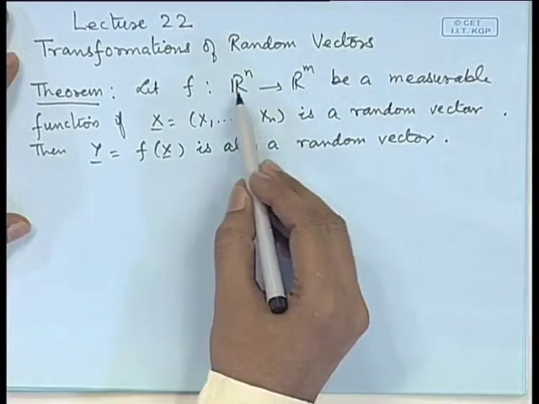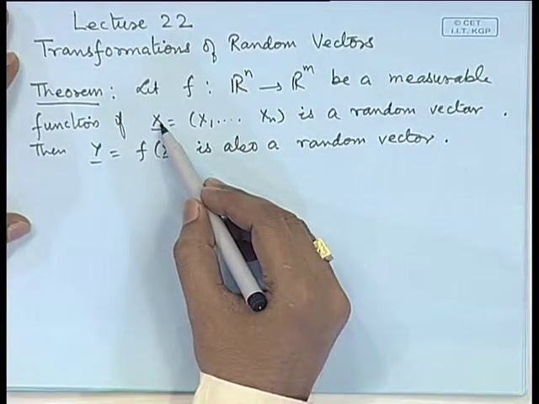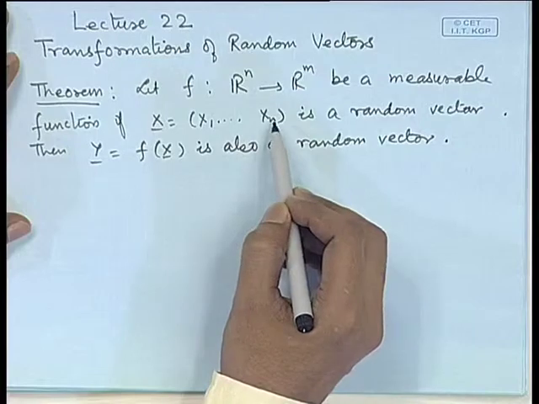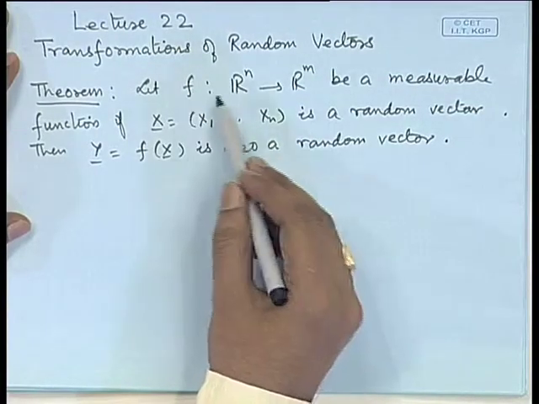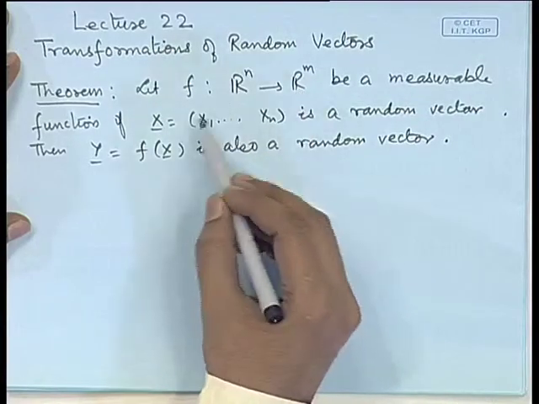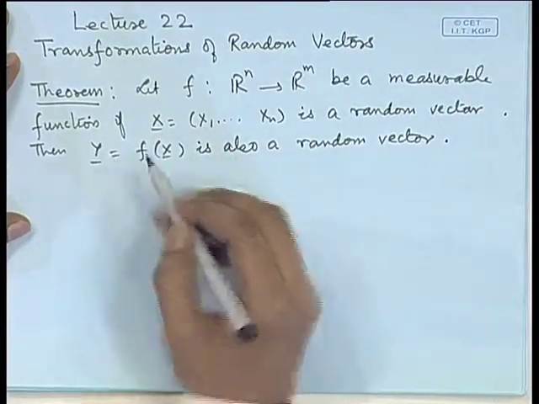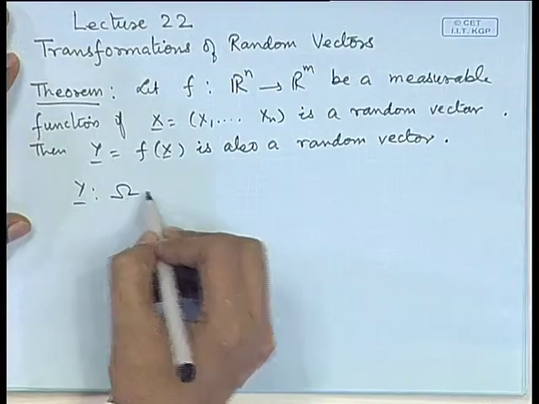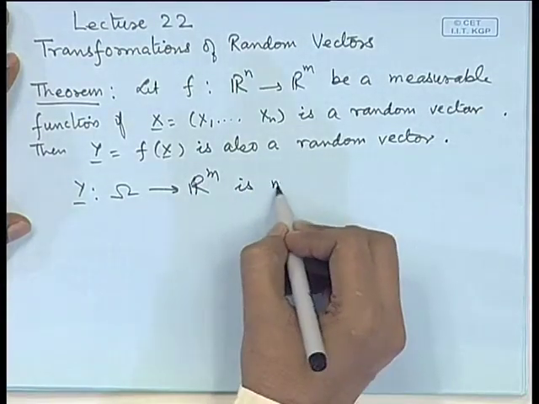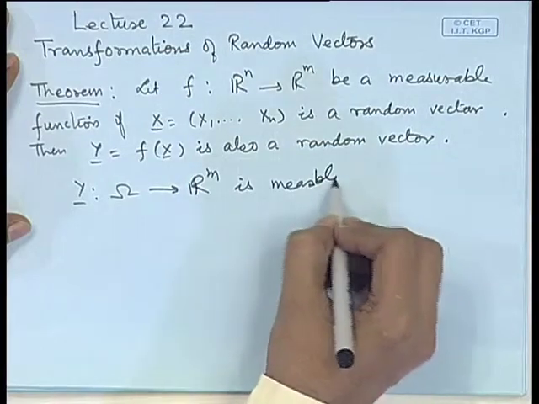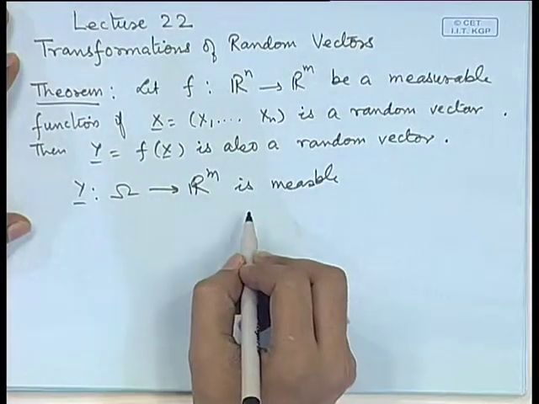This is so because random variable X is a measurable function from Omega to R^n, and a measurable function of a measurable function is a measurable function. So, Y becomes a measurable function from Omega into R^m. So, this is measurable, and so this is a random vector.